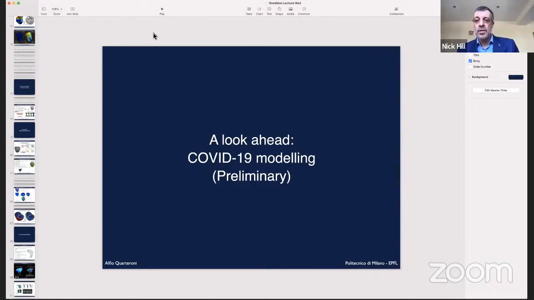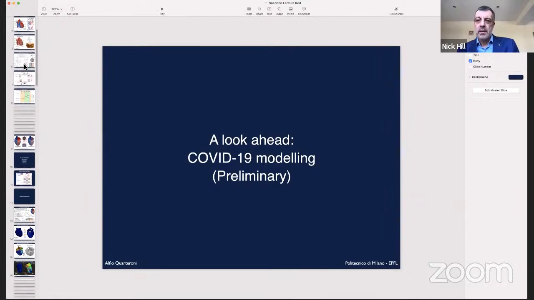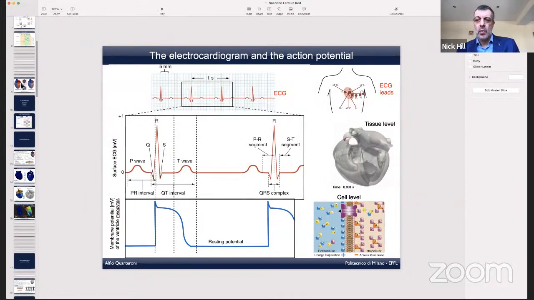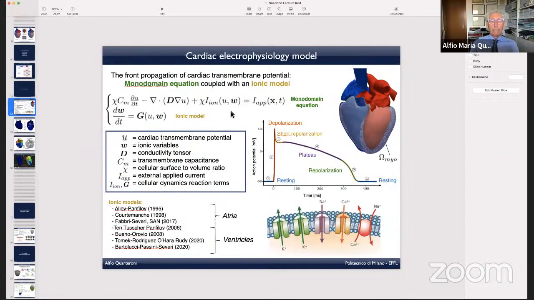So you're using a monodomain model for the electrophysiology. Do you think using a more complicated model would significantly change your results? Here I actually presented the monodomain, but actually you also use the bidomain model.